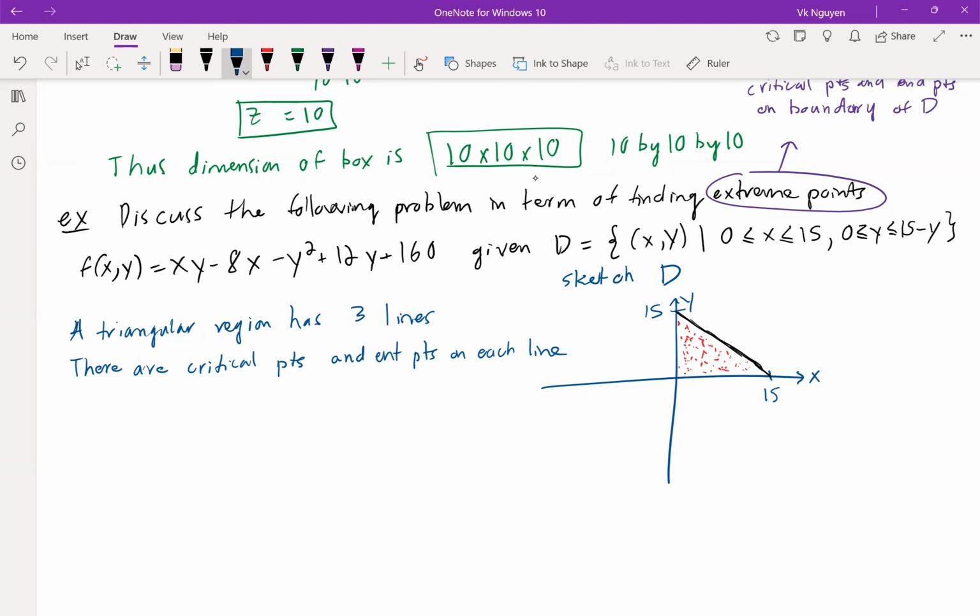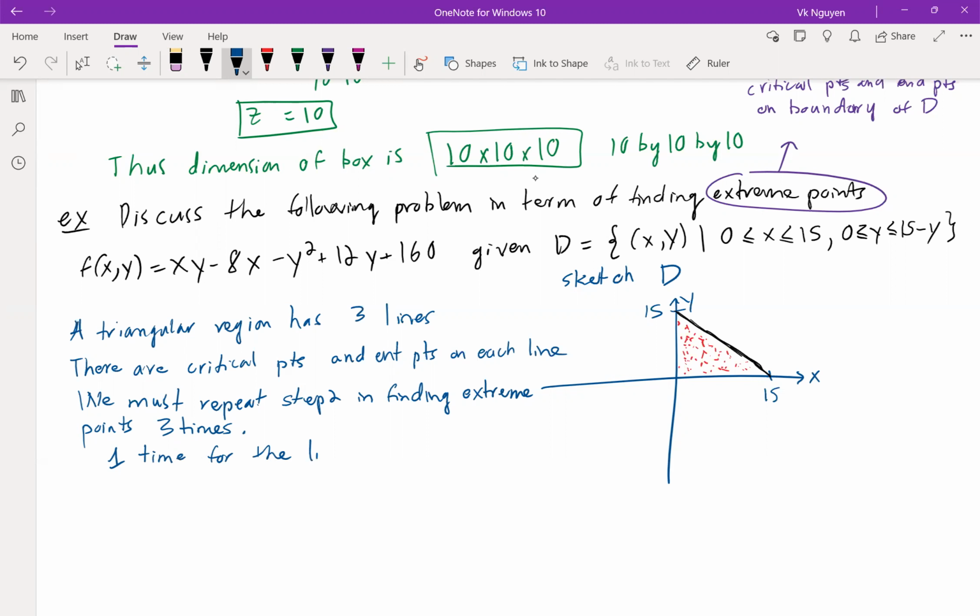You have to repeat the step three times. One time for each line. Okay, first line, x equal to 0.